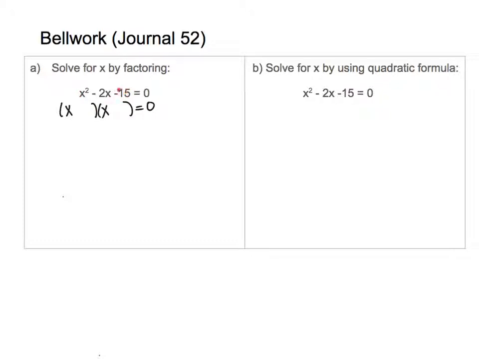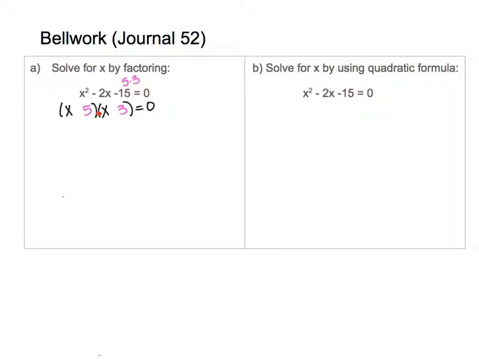Now, if you've thought about it, to get 15, maybe 5 times 3 will be our factors. So let's try that out. I'm going to set them down. What we have to do next is figure out what the sign is. Because this is a negative sign, that means one of these is a negative.